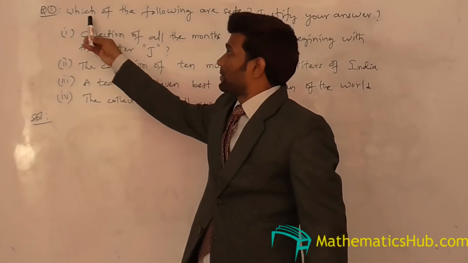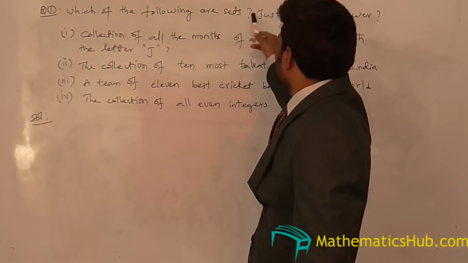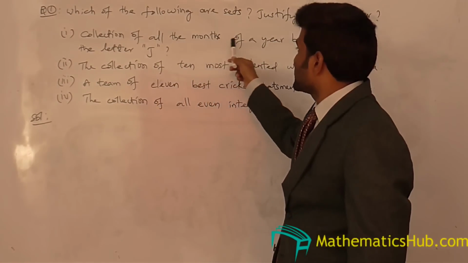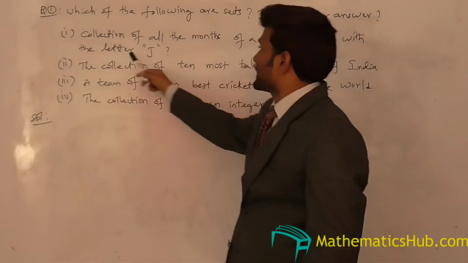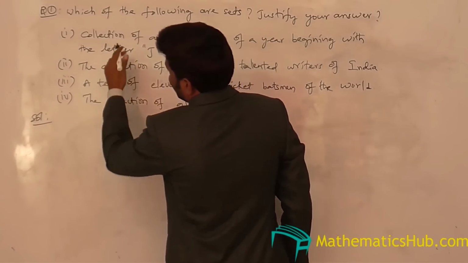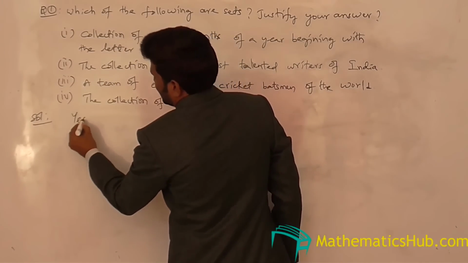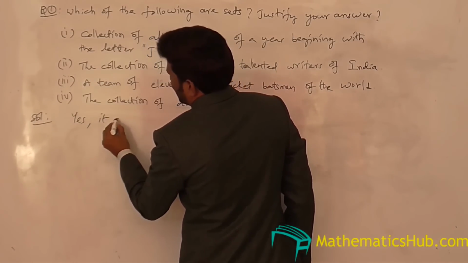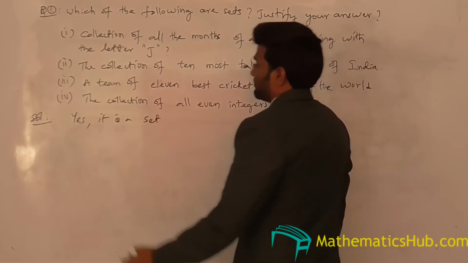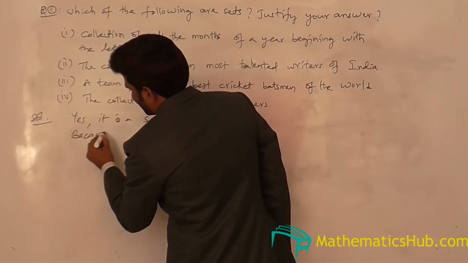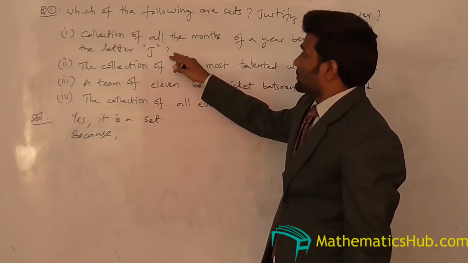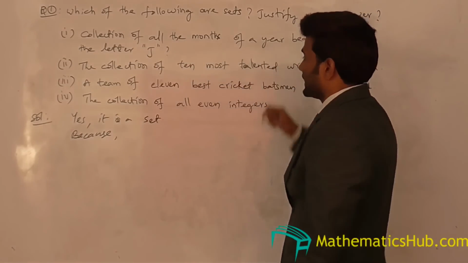Now we'll see this problem. Which of the following are sets? Justify your answer. The first one is the collection of all months of a year beginning with the letter J. So clearly we can say yes, it is a set, because there are 3 months which start with the letter J in a year.